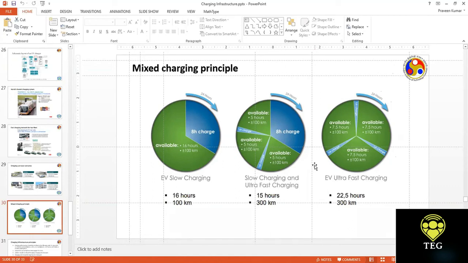So one thing is sure from these pie charts: mixed charging is a better concept. Mixed charging, which combines slow charging and ultra fast charging, or ultra fast charging throughout, will give you a good range, and the availability of the vehicle would be highest if you have ultra fast charging throughout.